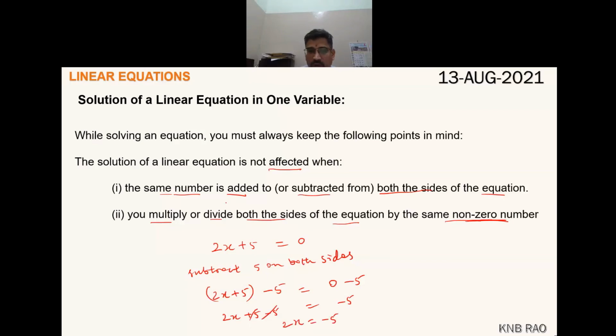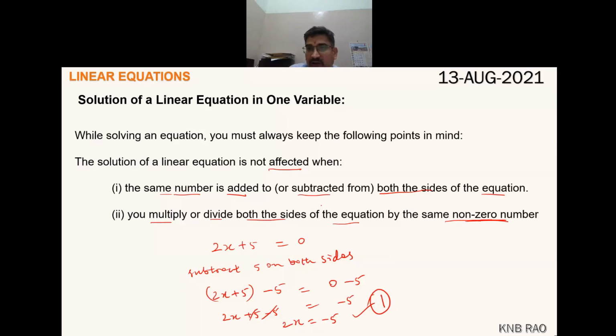So when I add or subtract the same number on both sides, it doesn't change the equation. Using that knowledge, we did this. In step 2, we divide both sides by 2. When we divide by 2, 2x by 2 becomes x, and minus 5 by 2 is the solution. So this is how we did it.